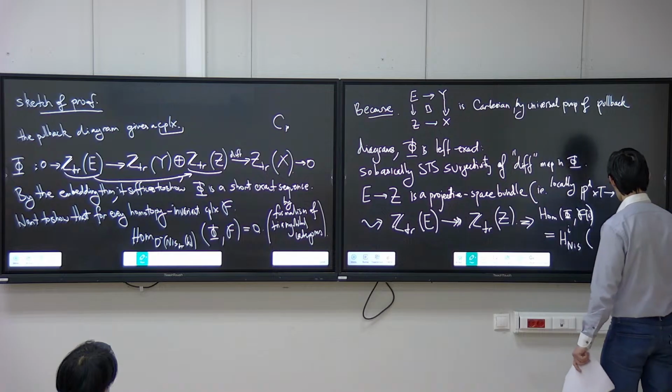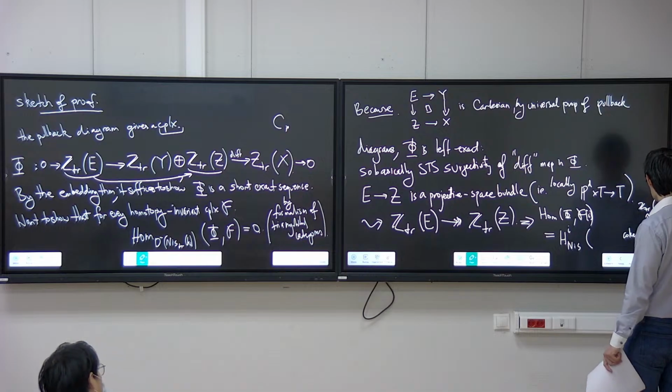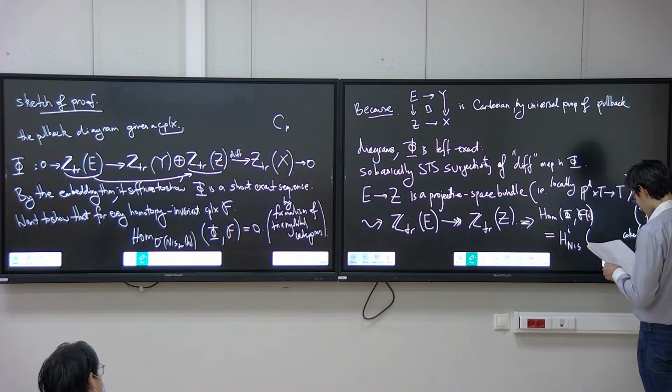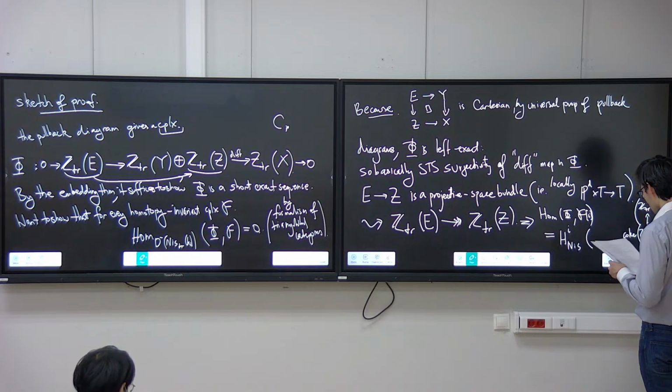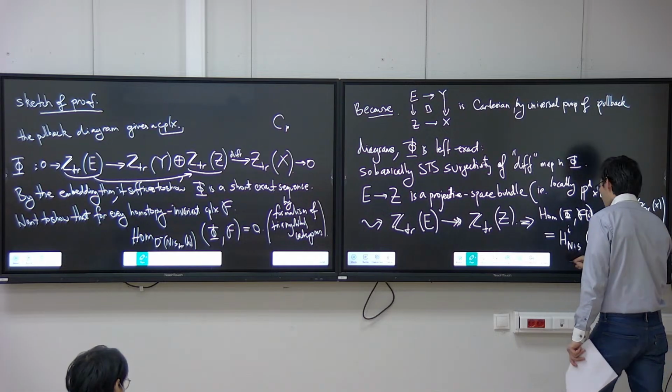Let me write it. Yeah, it's running out of room here. Very messy. Sorry, I've messed this up, so let me get rid of some stuff.